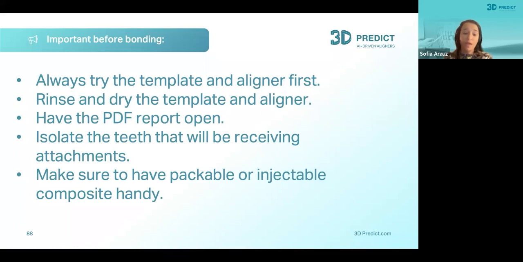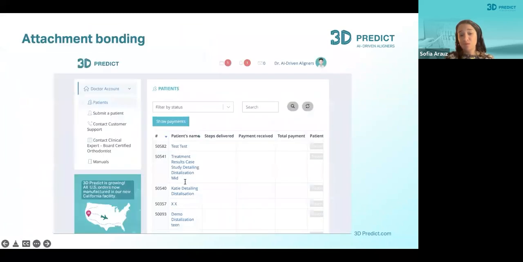Flowable does not have the physical properties to withstand the amount of force that we're going to be placing on that composite. Depending on your technique, you might be able to get away with flowable, but why would you risk it if you have packable or injectable? And actually, packable or injectable would be easier to place on the template.